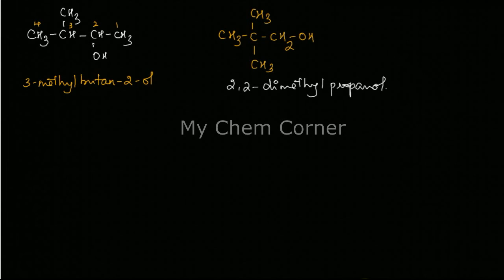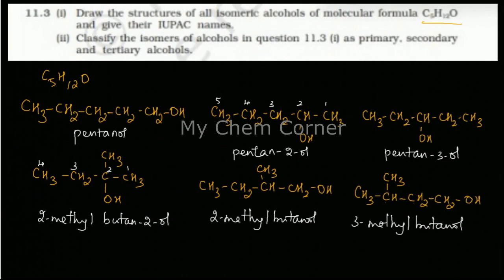More than this, I cannot make any more molecules. Alright, so these are the entire isomers. So totally I have 8 isomers of this particular molecule C5H12O.